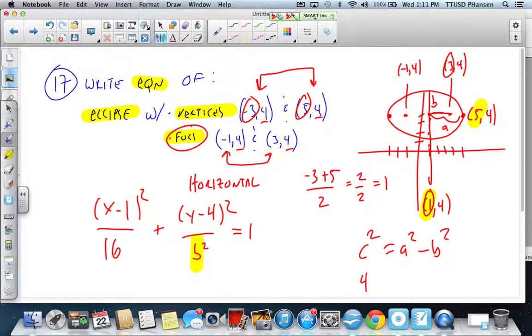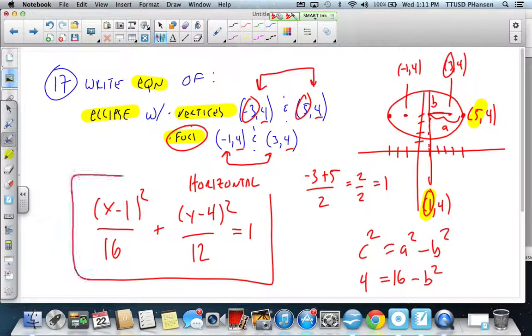So C squared is 4. A squared I just figured out is 16, and I have to solve that for B squared. I can just look at that until it's 12, or use algebra. So b squared is 12. There's my answer.